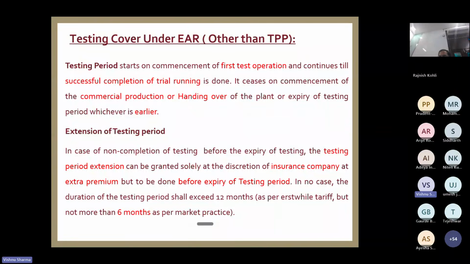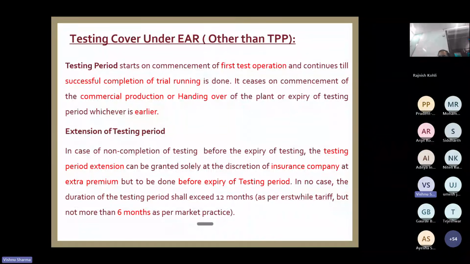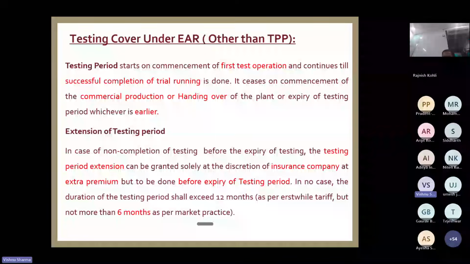Listen, I tell you, if the line which is tested and commissioned has started giving production without dependence on another line, there is no question of integral testing. If one line is tested and it is enough, no integral testing is required. Then the testing period for this line is over and it is handed over.